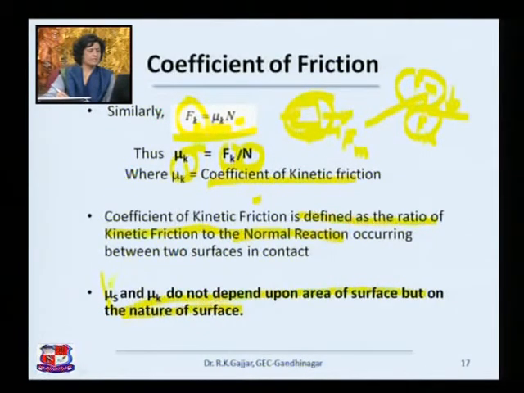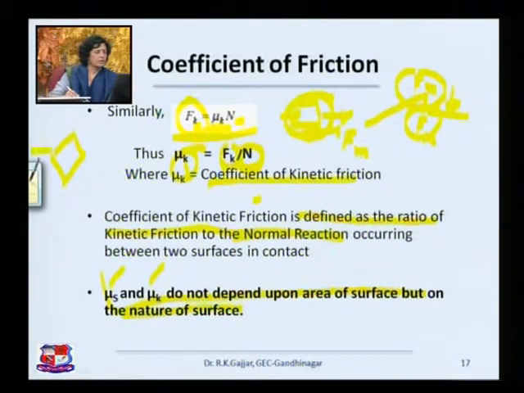Both mu s and mu k do not depend on the area of the surface. For example, if you have a block, the area of the surface is going to be just this area, there will be a certain area at the bottom and you also have the contact surface.